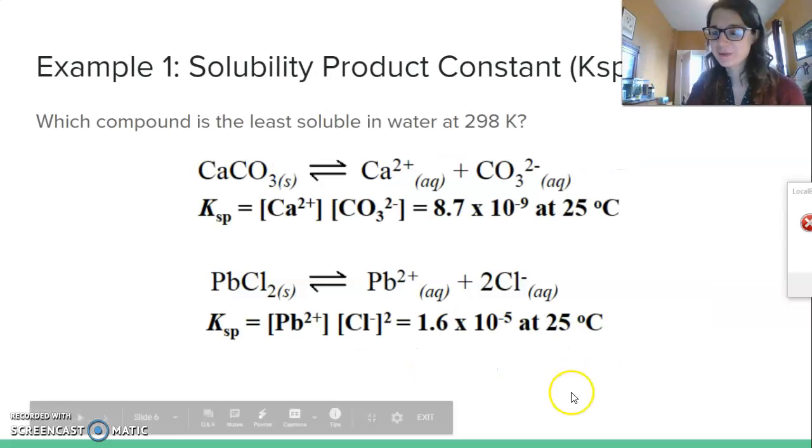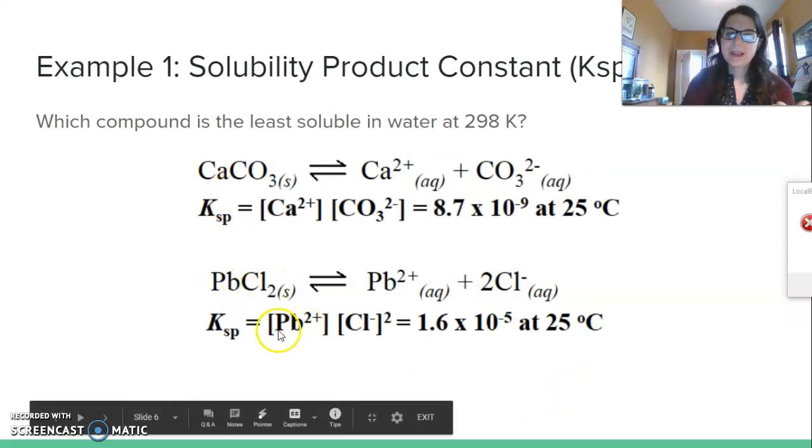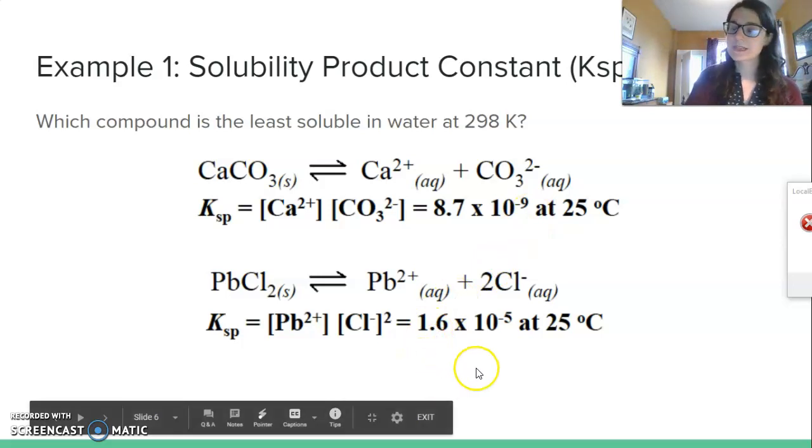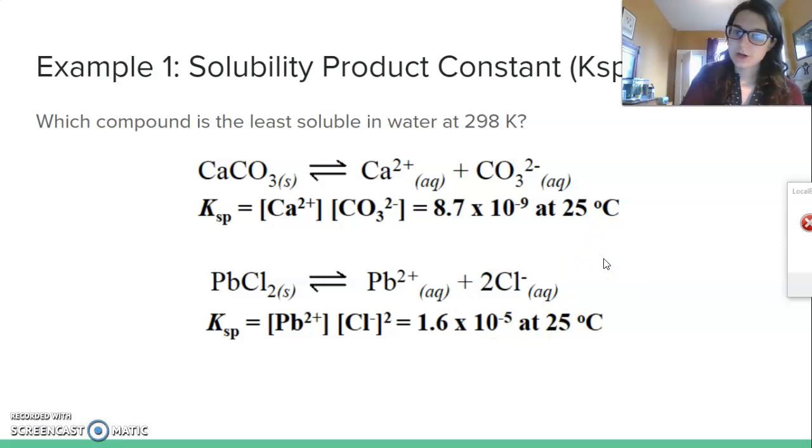So here we have an example. We have 2 Ksp values for calcium carbonate and lead(II) chloride. The calcium carbonate has a Ksp value of 8.7 times 10 to the negative 9, and PbCl2 has a Ksp of 1.6 times 10 to the negative 5. I want to know which is least soluble in water.